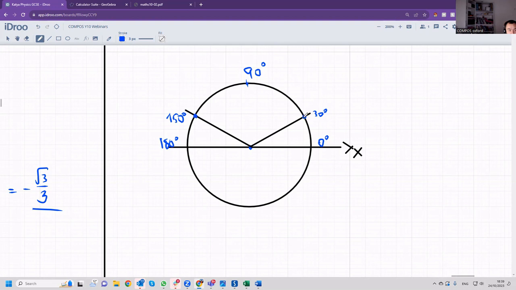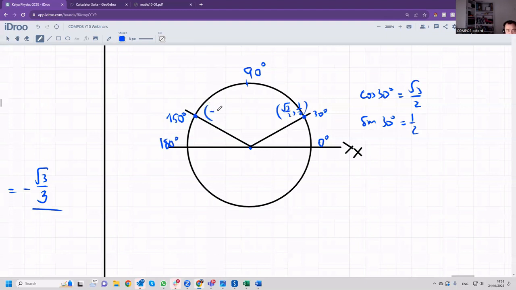We know that the coordinate of this point is square root of 3/2, comma 1/2, because cos 30 degrees is square root of 3/2, and sine 30 degrees is 1/2. This point is symmetrical to that point, so the coordinate of this point is going to be minus square root of 3/2, comma 1/2. That's how you do it.